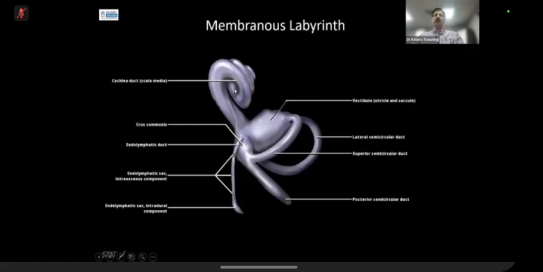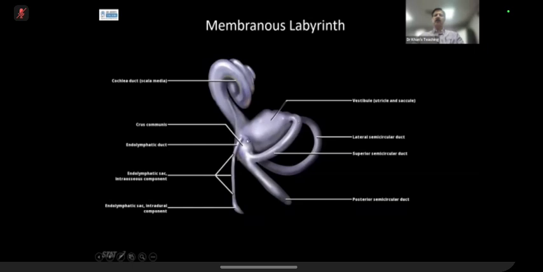So this is the cochlea, which has 2.5 turns. You don't have to go into details. This is the vestibule, which has the utricle and saccule. Then there are the lateral semicircular canal, superior semicircular canal, and posterior semicircular canal. You have to remember them, particularly the lateral and the superior.